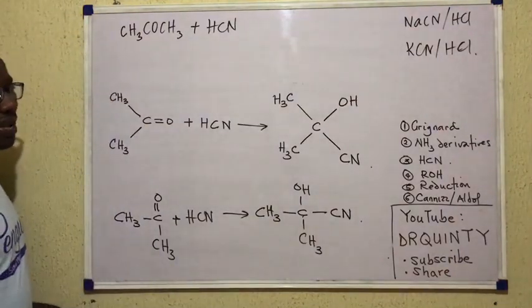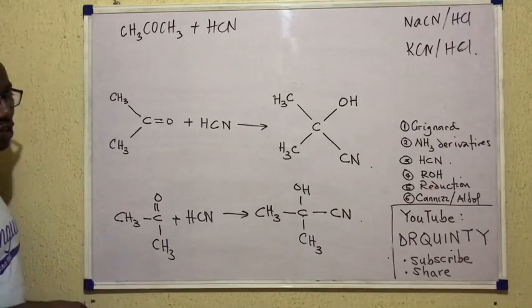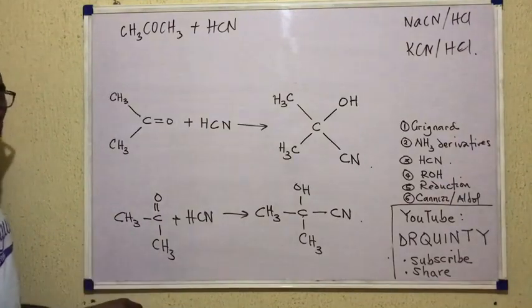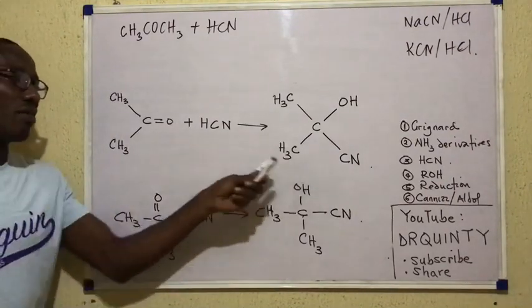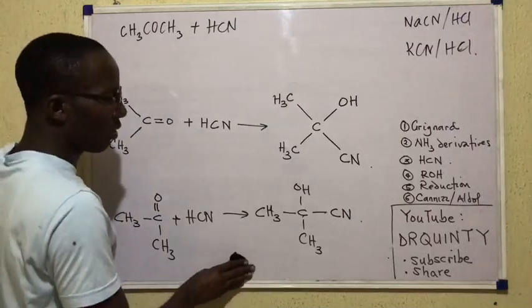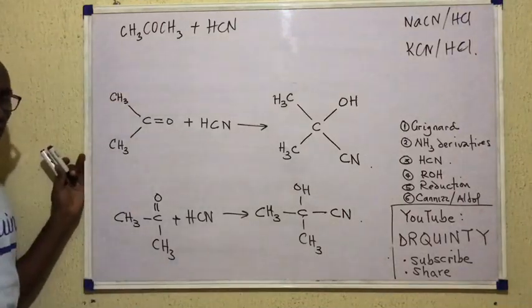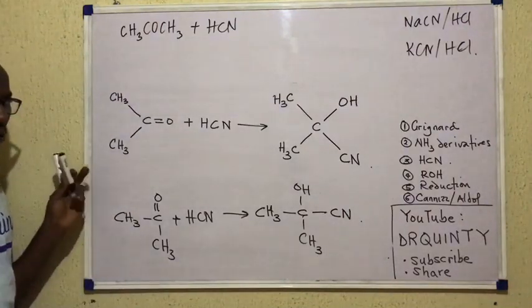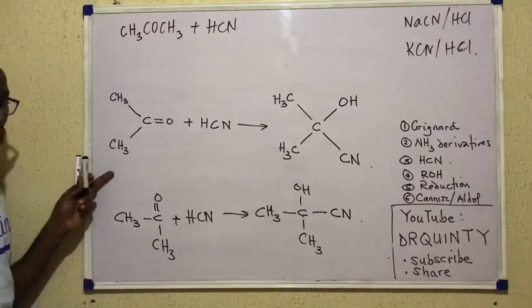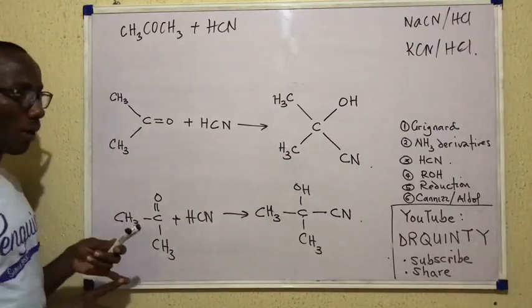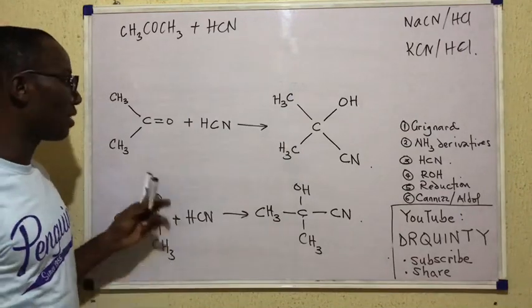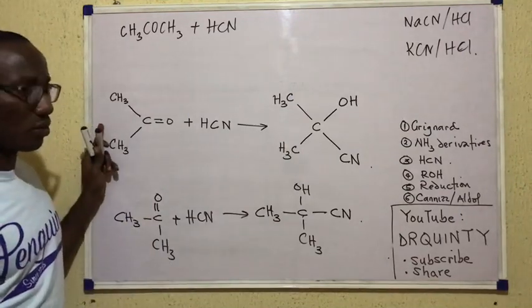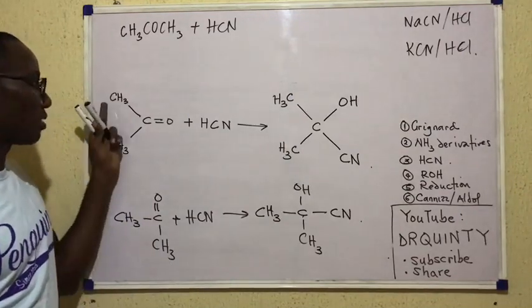Now the next reaction, which will be the last on this video, so that there will be a third video on carbonyls, is their reaction with alcohols. What happens when carbonyls react with alcohols? I'll show you that reaction here, but just before then, I want you to please note that the organic compound we started with here had how many carbons? 3.